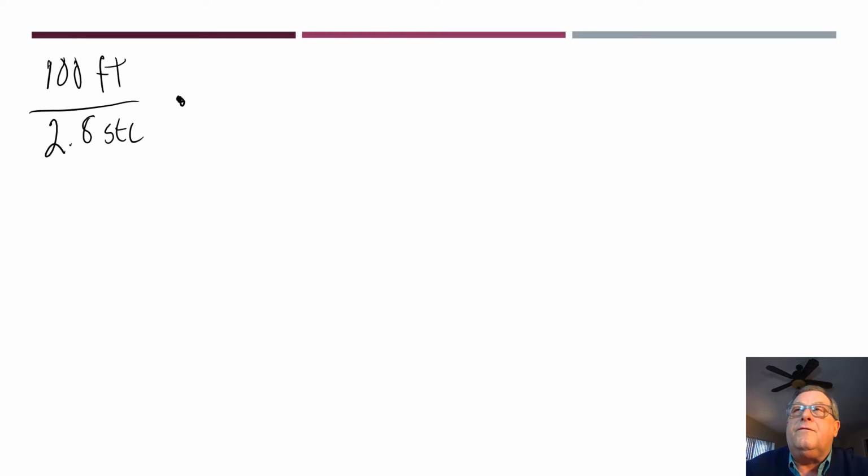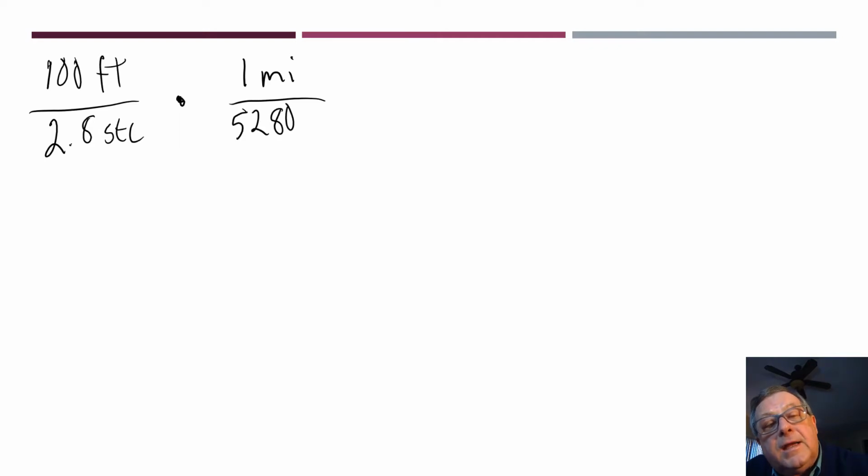And we're wanting to convert these feet into miles. So what are we converting to? We're converting to miles. And so 1 mile equals 5,280 feet. And that is, in fact, a ratio that would equal 1.